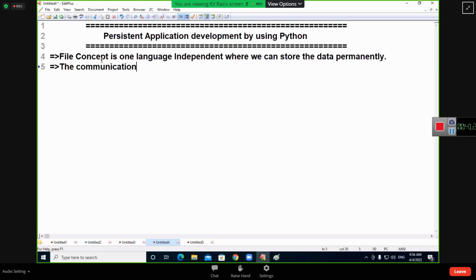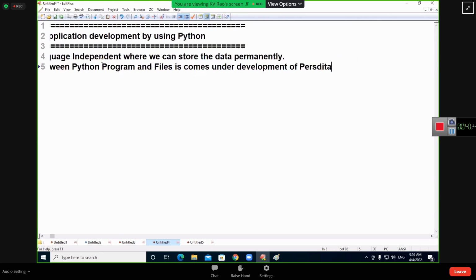So that's what: the communication between Python program and files comes under the development of which applications?